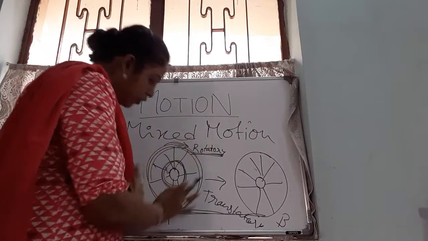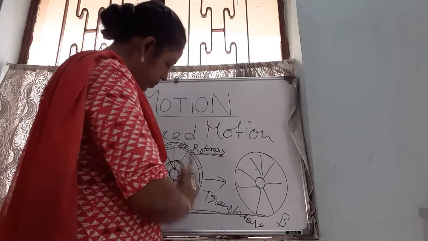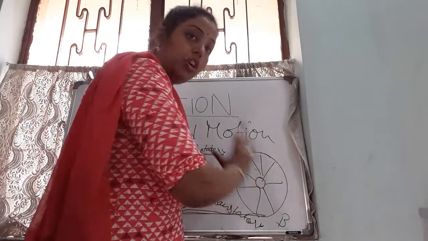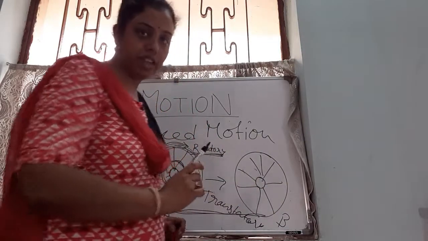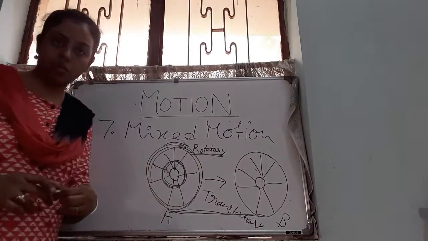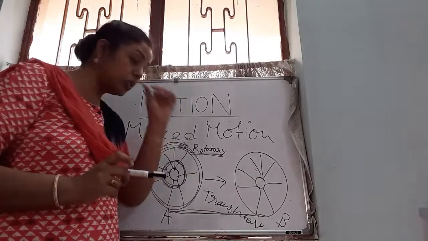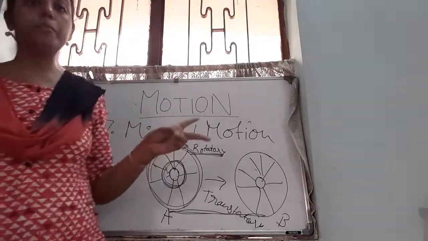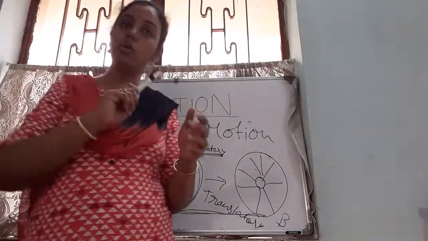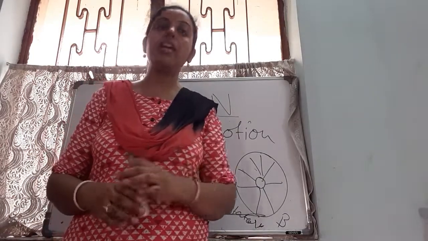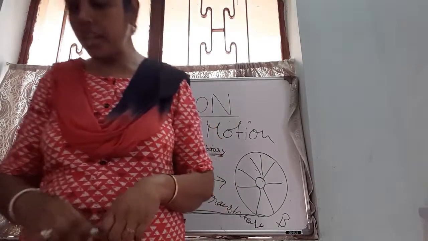So the full wheel is moving from position A to position B at the same time. That is translatory motion. When we look at a part of the wheel, that is showing rotatory motion. As the wheel shows both motions at the same time, it is known as mixed motion.